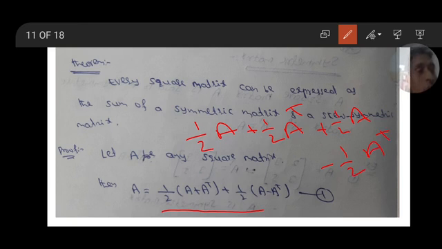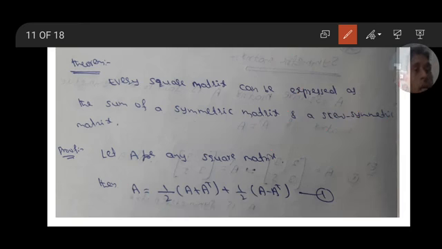This minus 1 by 2 A transpose plus 1 by 2 A transpose cancel. 1 by 2 A plus 1 by 2 A, that gives A. Means A can be written as 1 by 2 into (A plus A transpose) plus 1 by 2 (A minus A transpose). Here the matrix A can be written as the sum of two quantities, first one plus second one.